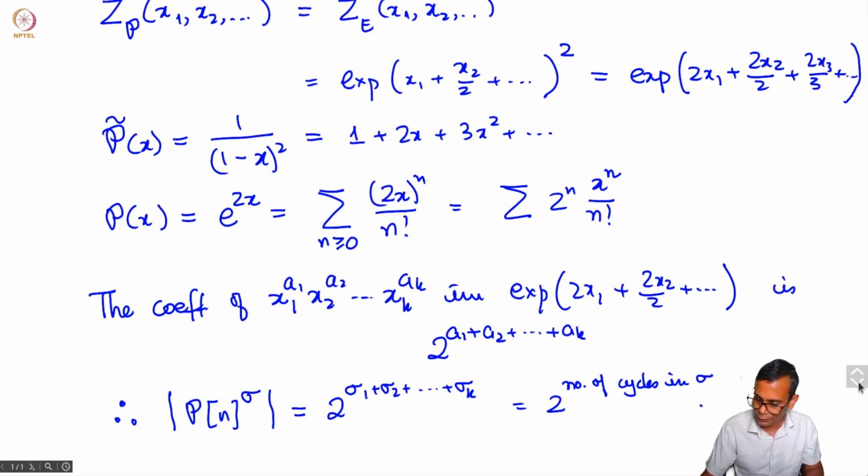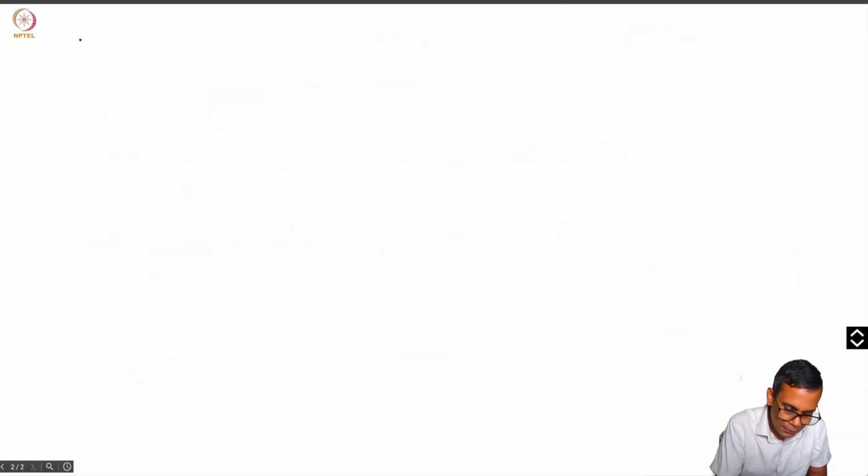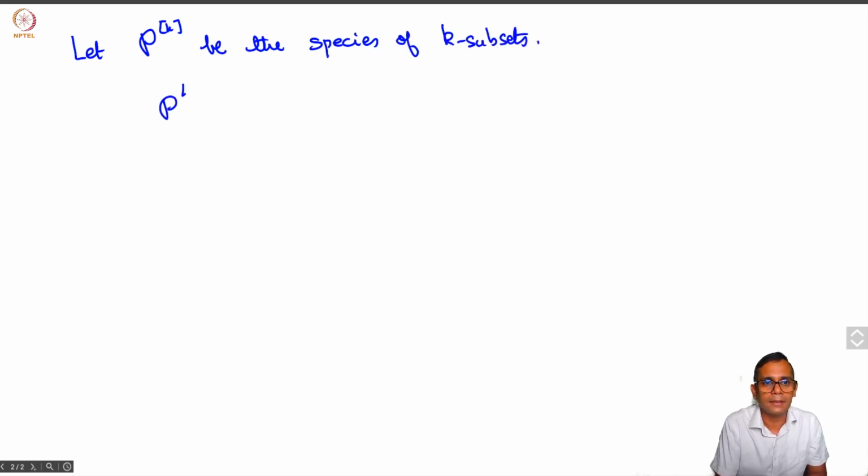Okay, now let's try to relate also this to sums. So the second claim is, let P_k be the species of subsets of size k, the species of k-subsets. So formally I would define P_k of U equal to the collection of all subsets of size k.